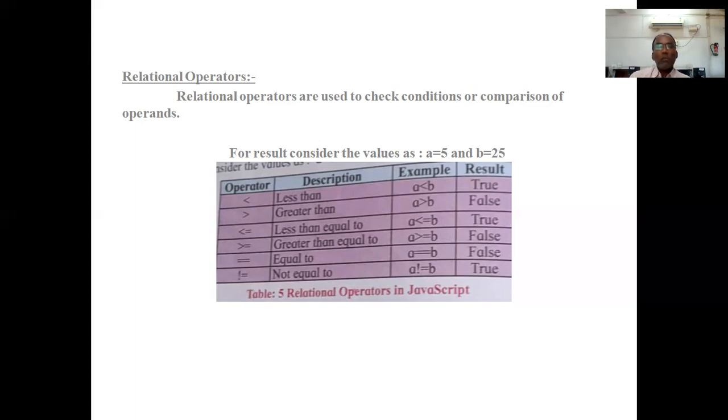Now refer to this table, relational operators in JavaScript. For the result, we will use values for A as 5 and B is equal to 25.